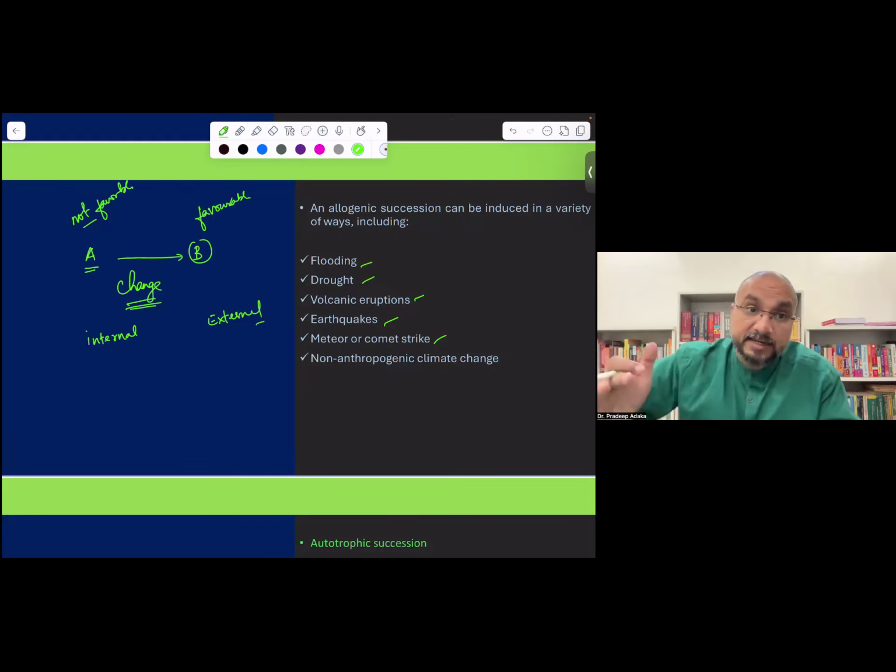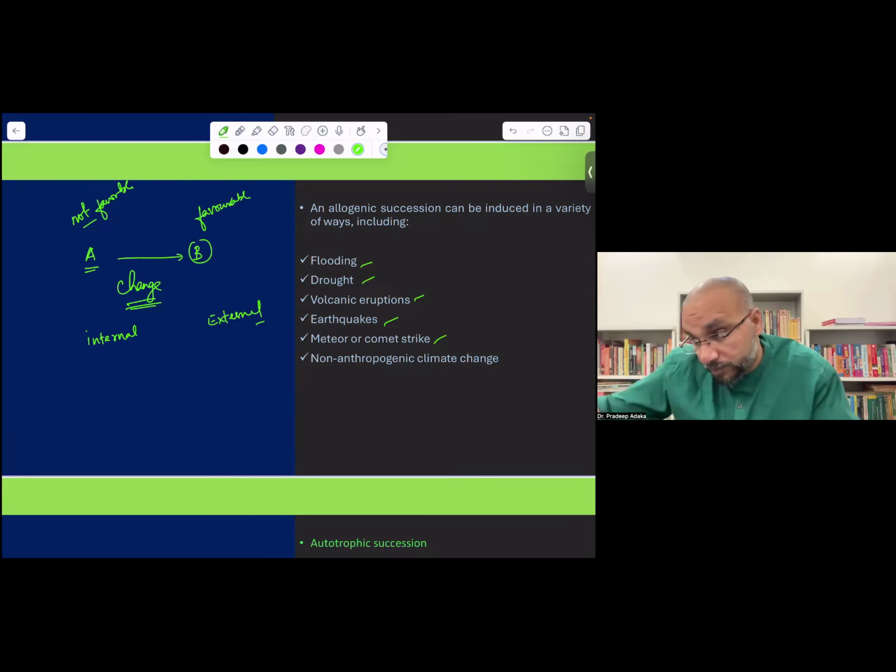If external factors are changing the conditions which becomes more favorable for another species, then it is called as allogenic succession. Now is it clear?